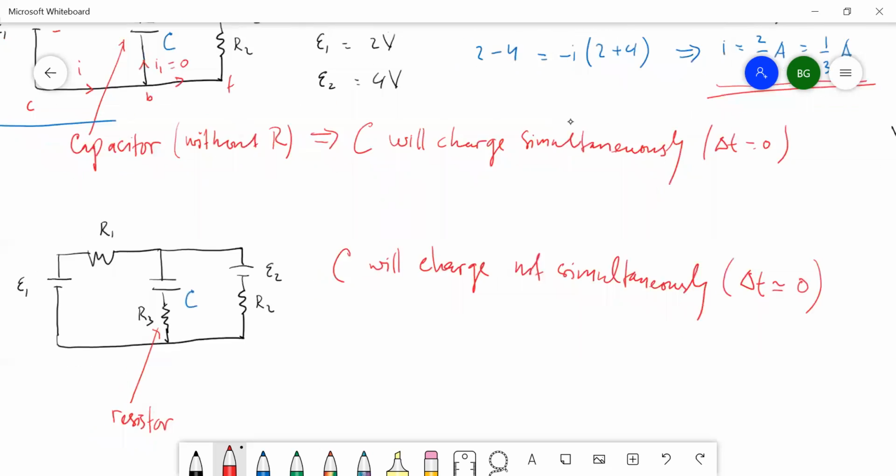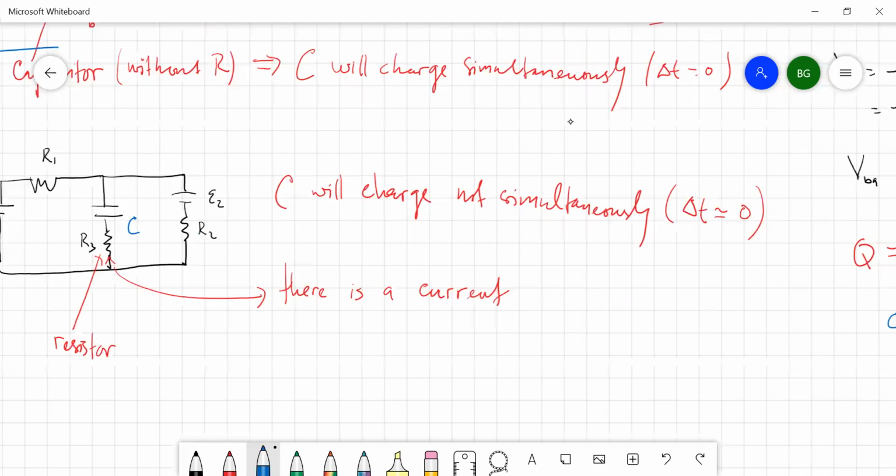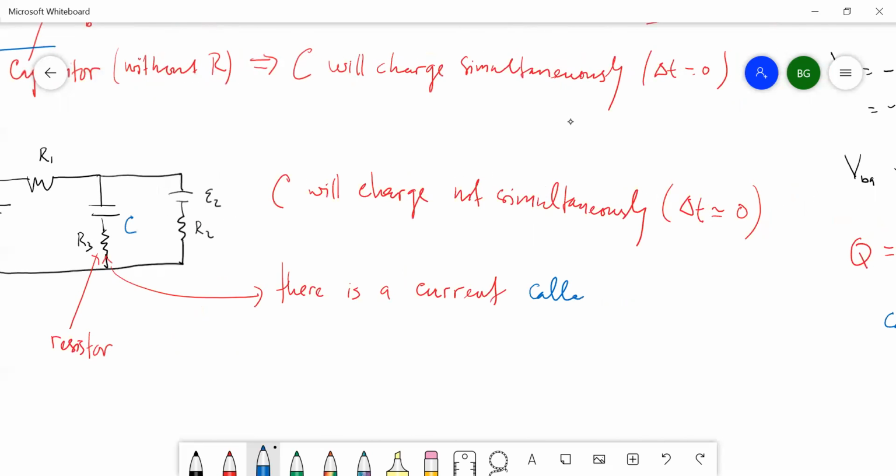So it means that at the beginning there is current. This current is called transient current.